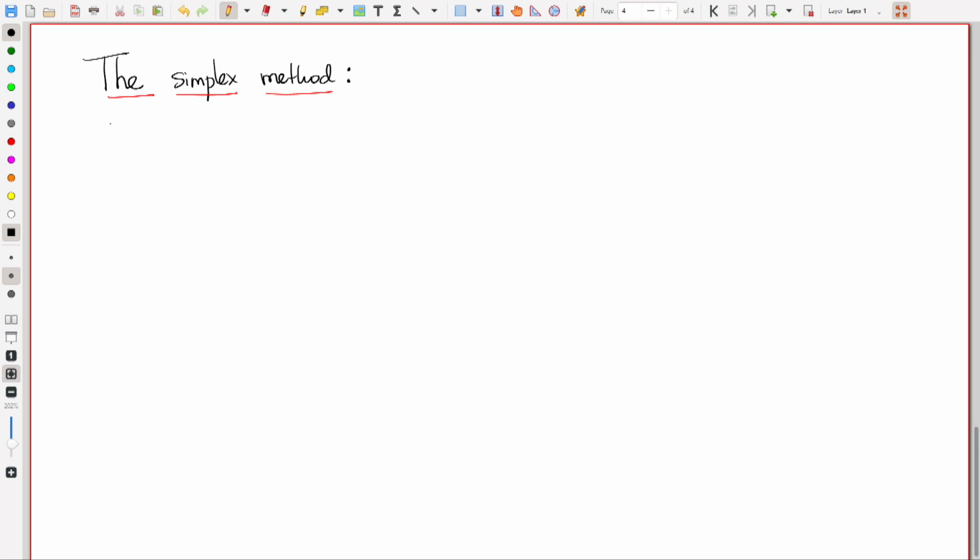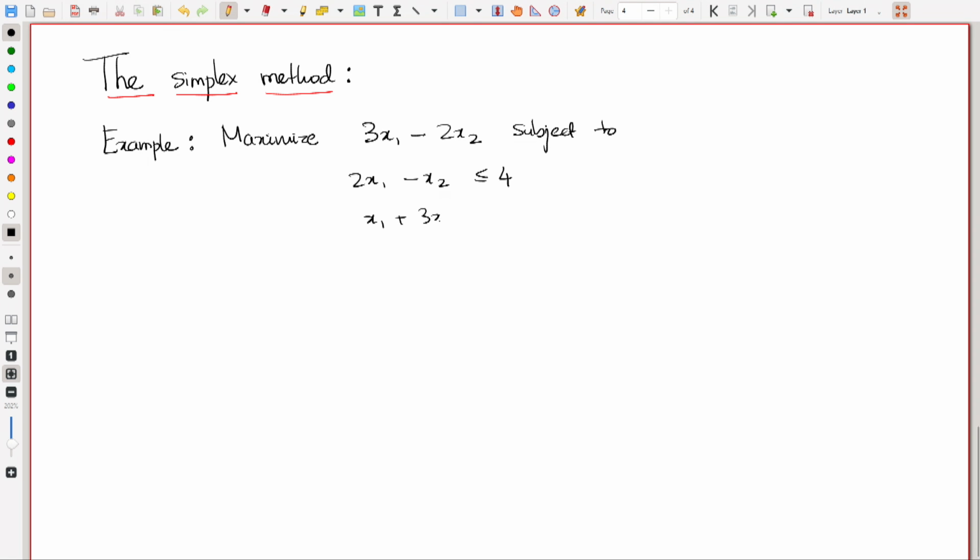So let us say we have the following optimization problem. Maximize the objective function 3x1 minus 2x2 subject to the constraints 2x1 minus x2 is less than or equal to 4, x1 plus 3x2 is greater than or equal to 5, and x2 is greater than or equal to 0.